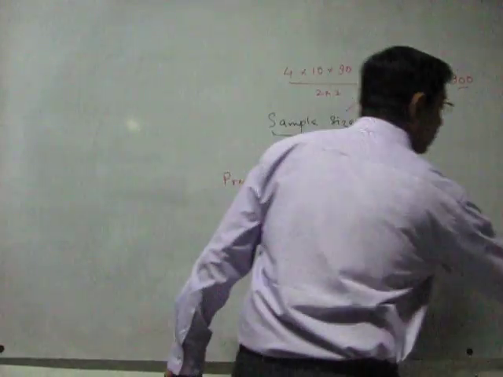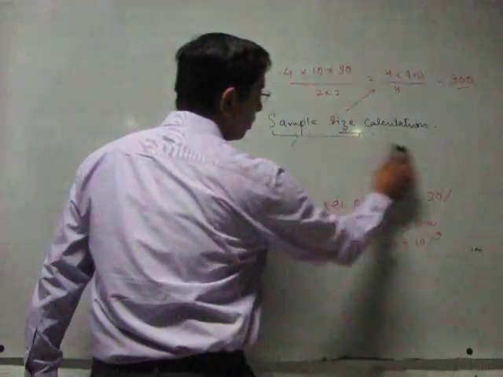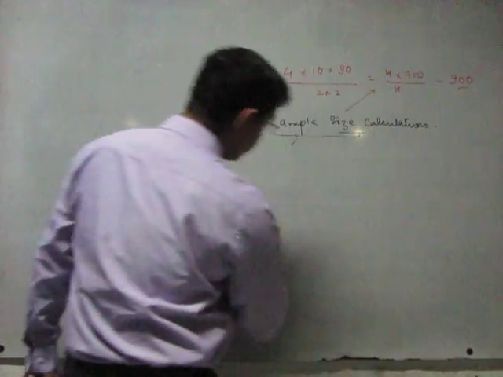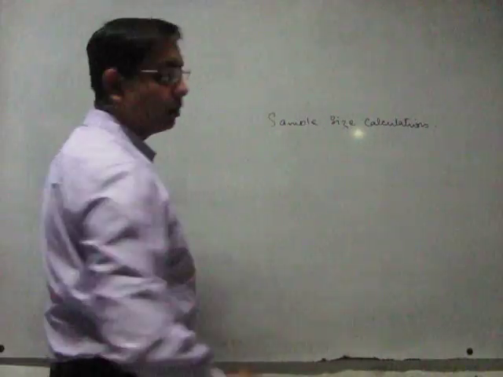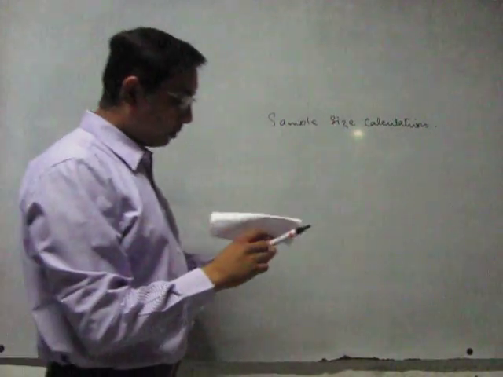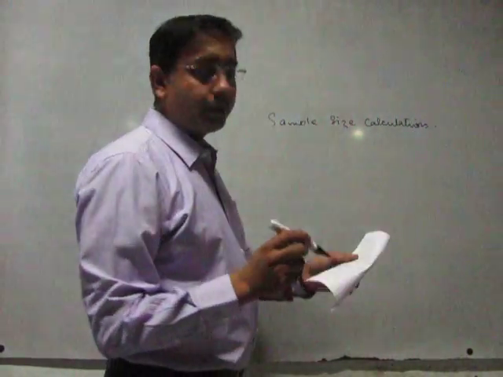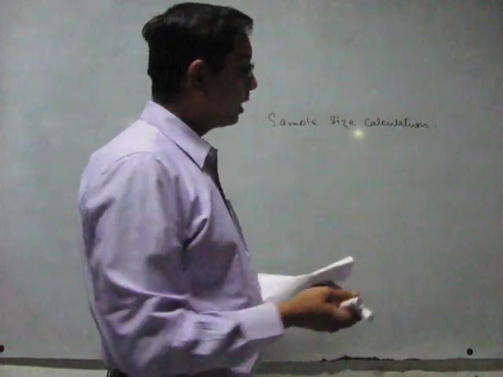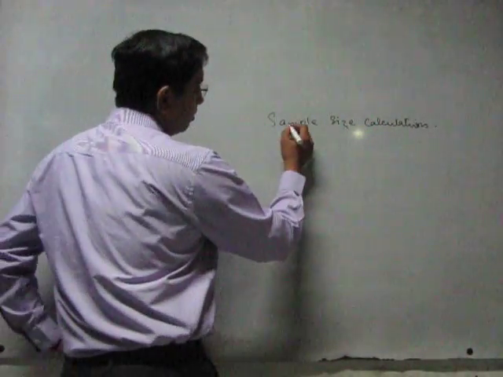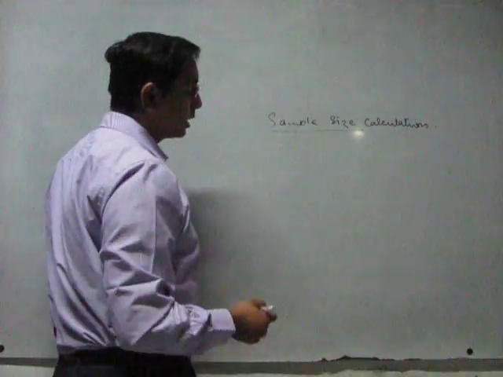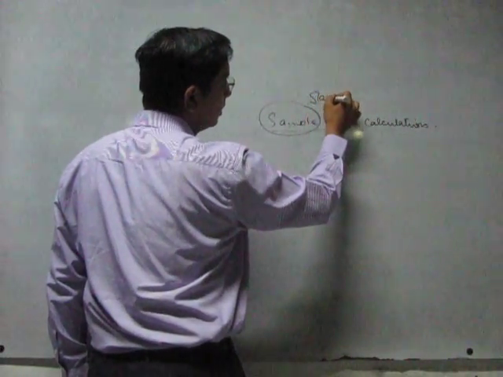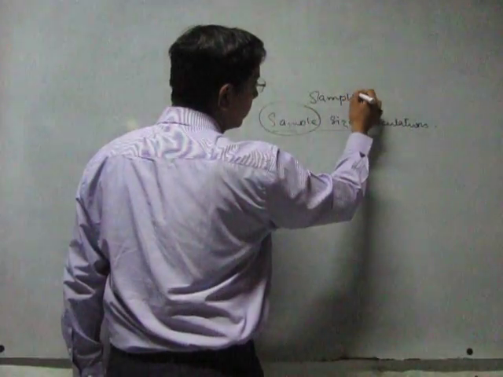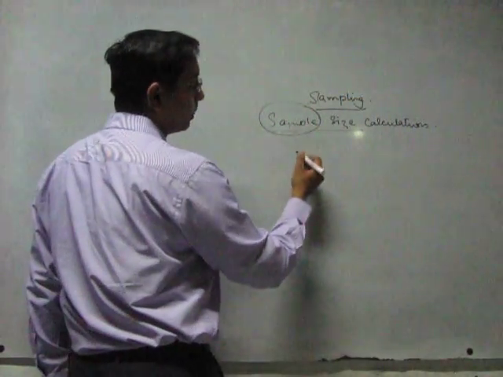Now before we close this session, I would like to talk about 2-3 important points about sample size that you can be asked in any of your upcoming exams. There is something known as the strike rate of the MCQ, and sample size has a perfectly high strike rate. Let us talk about sampling.